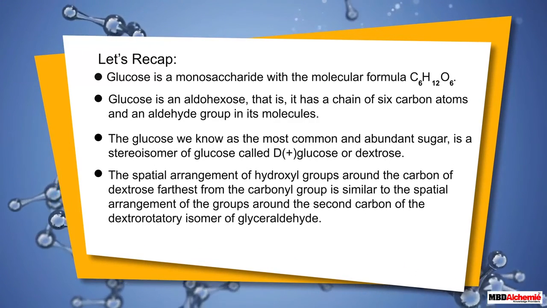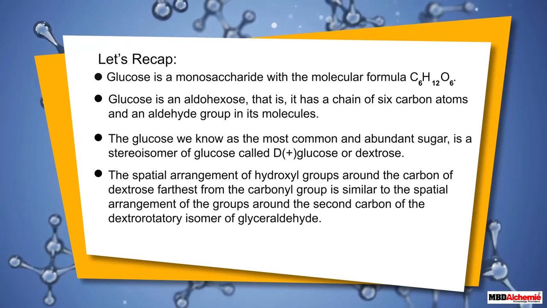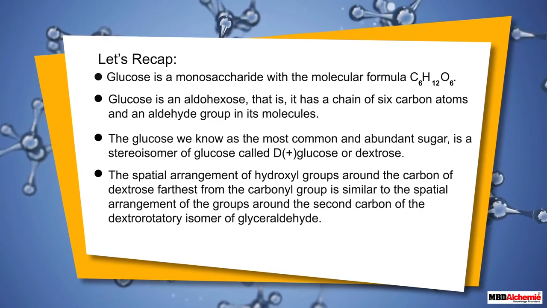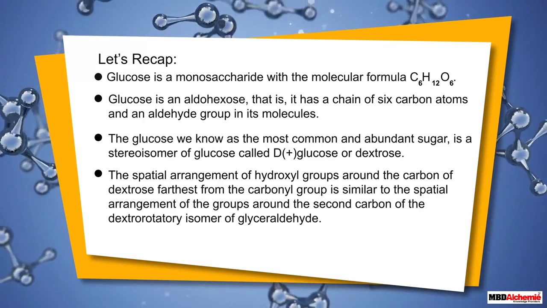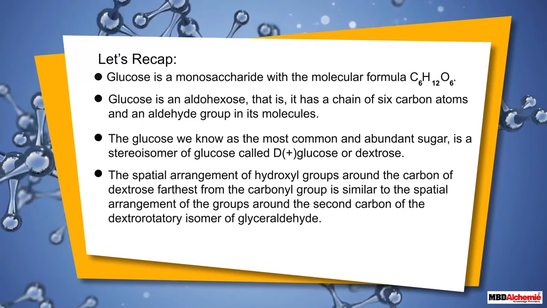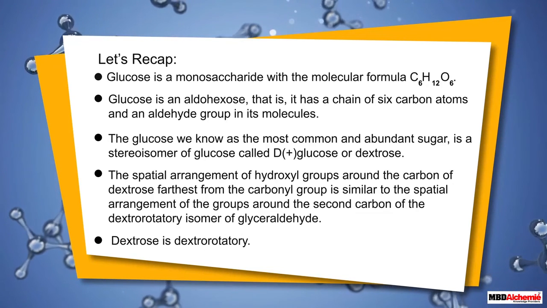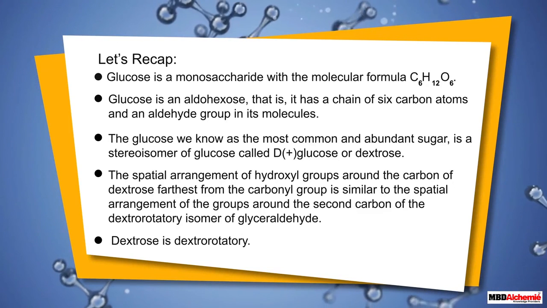The spatial arrangement of hydroxyl groups around the carbon of dextrose farthest from the carbonyl group is similar to the spatial arrangement of the groups around the second carbon of the dextrorotatory isomer of glyceraldehyde. Dextrose is dextrorotatory.